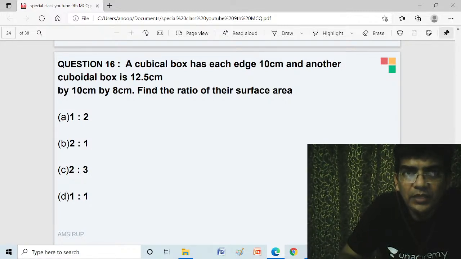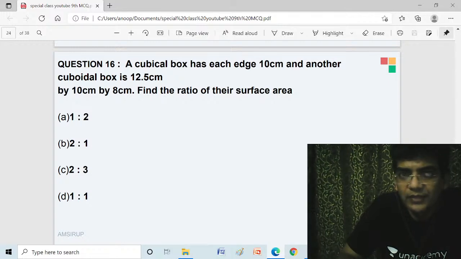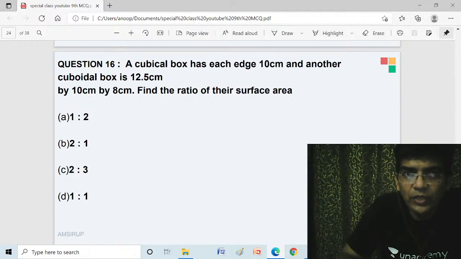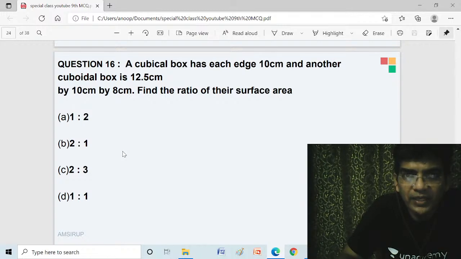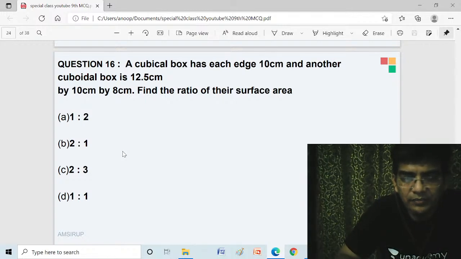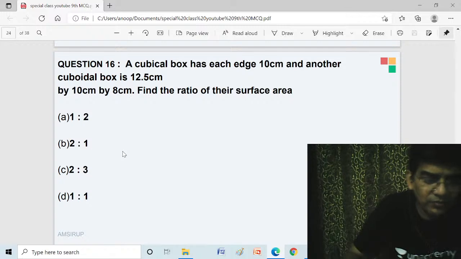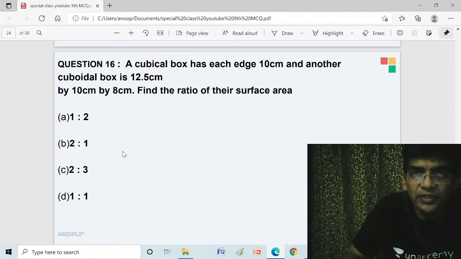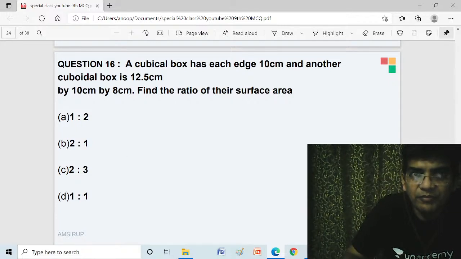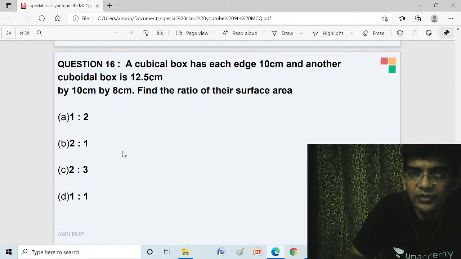So it's a cubical and a cuboidal box, right? For the cubical box and for the cuboidal box, we have to find the ratio of their surface area. So here the question says that one box has each edge 10 centimeter and another has 12.5 by 10 by 8. Find the ratio of their surface area.